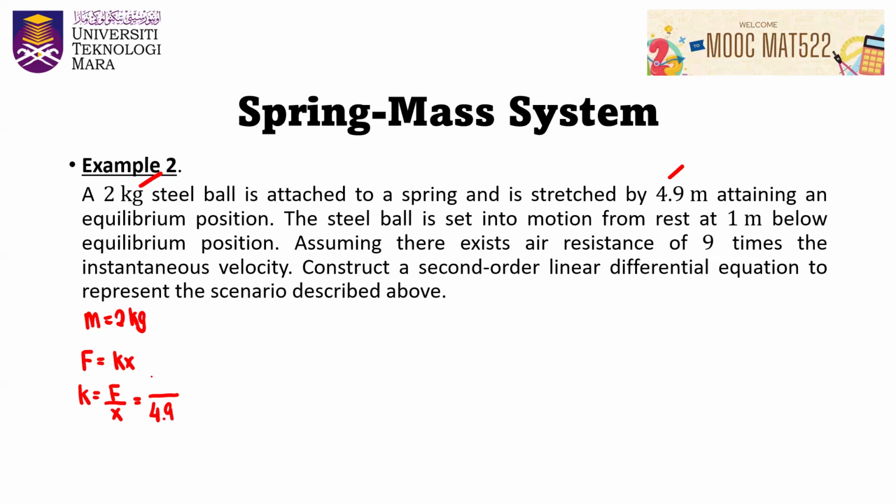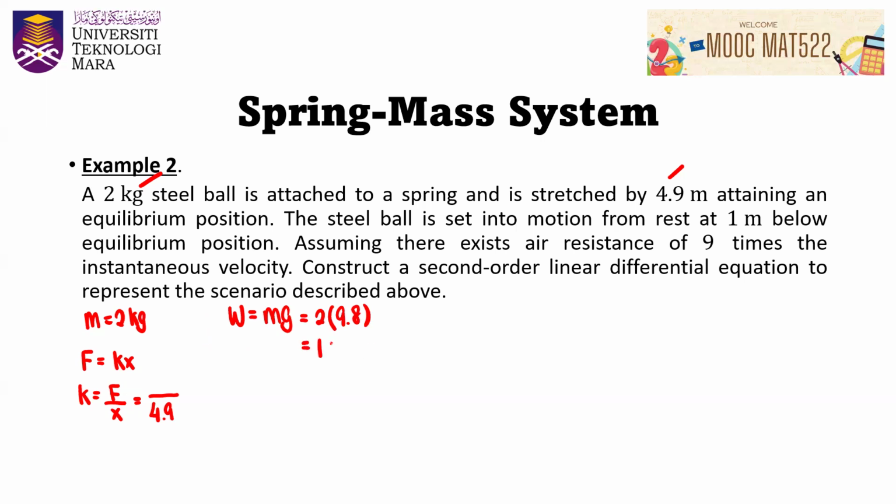Again, based on Newton's second law, the net force binds the relation between weight and restoring force F. Therefore, we can proceed to find the weight W first, which equals mg. This is just 2 multiplied by 9.8, since kg is associated with the gravitational constant 9.8.